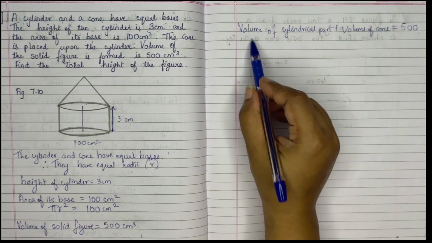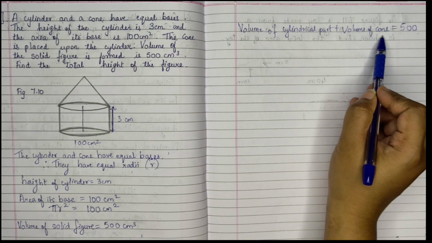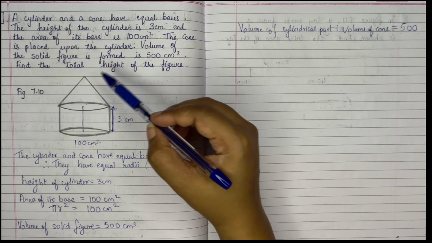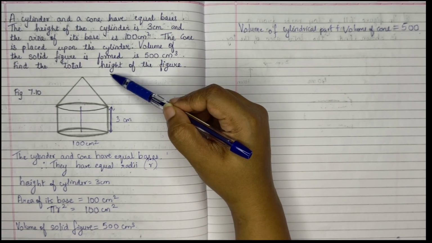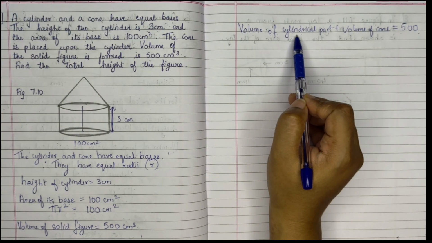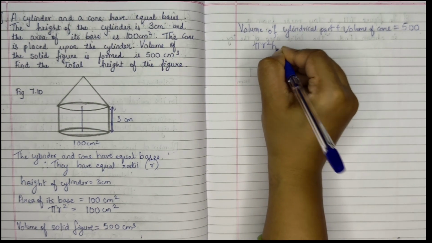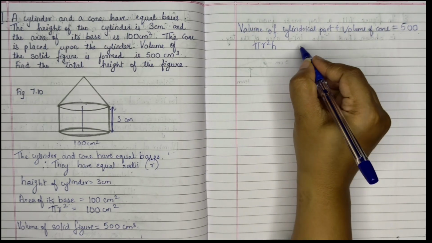Now we will use the formula for the volume of the cylindrical part plus the volume of the cone, that is the conical part. You can also write the volume of the cylindrical part plus the volume of the conical part. So use the volume of cylinder formula. Volume of cylinder is equal to pi r square h, plus volume of cone.